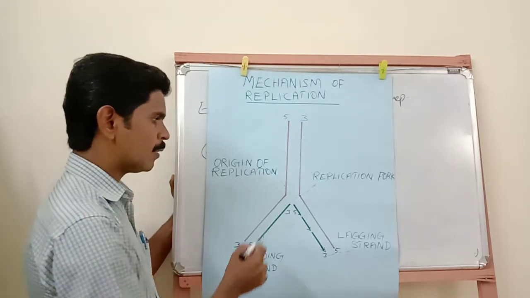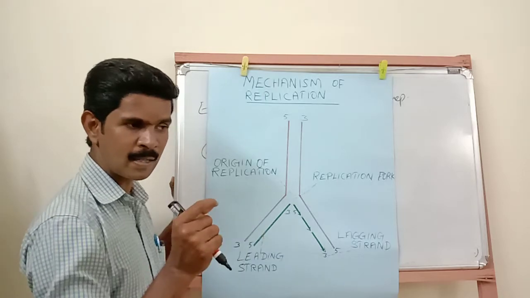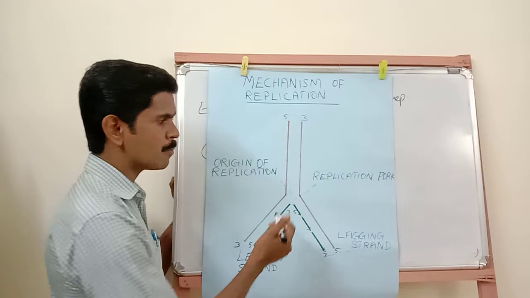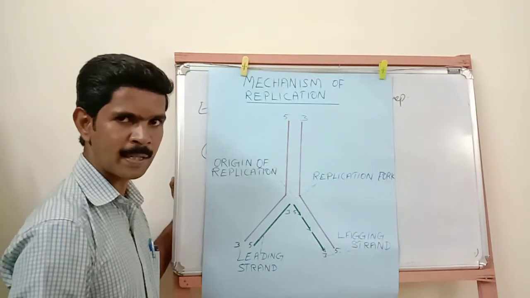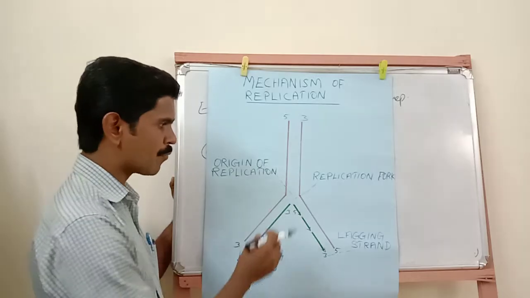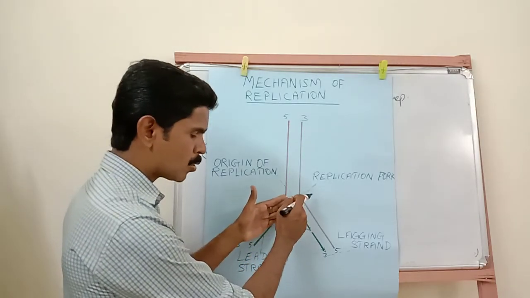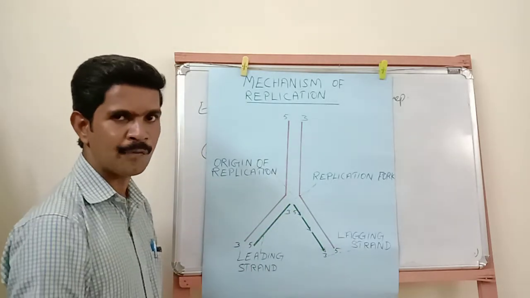The replication process starts from a small opening or a small hole. That small opening is called the replication fork. From this replication fork, the 2 daughter DNAs start to form.